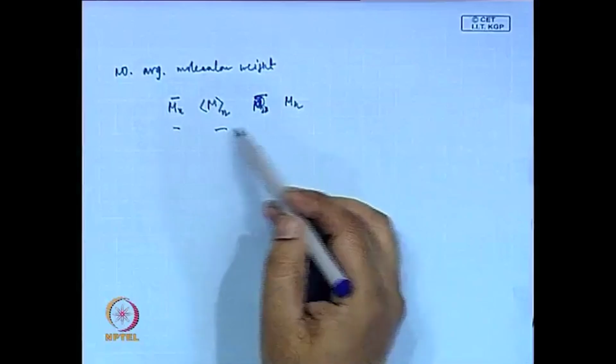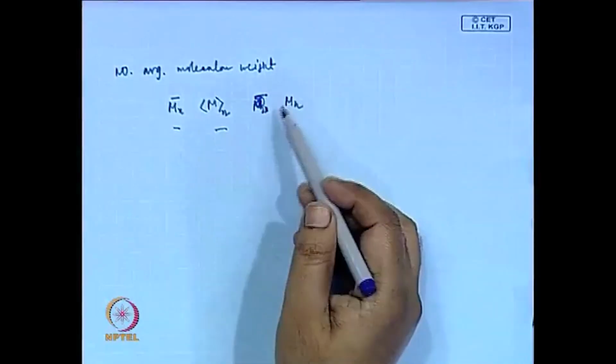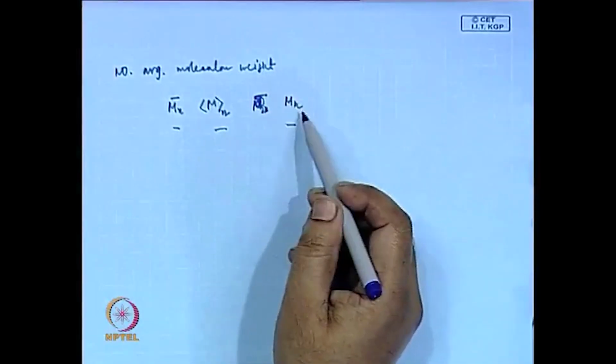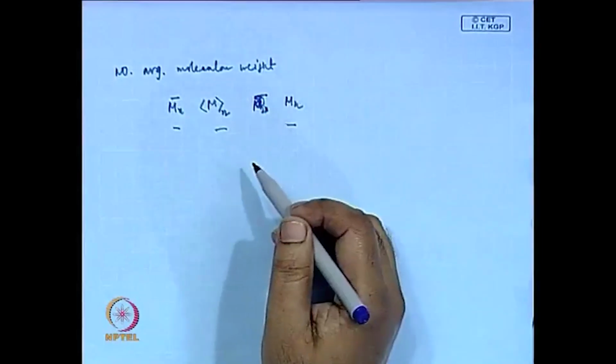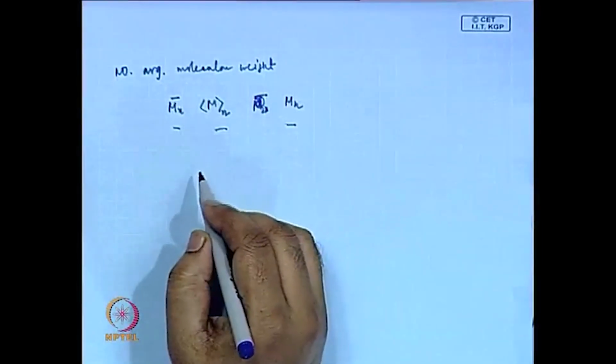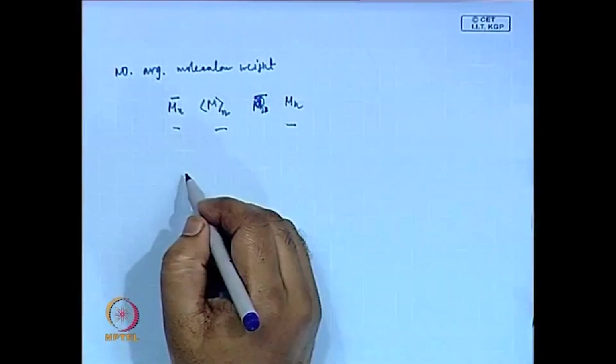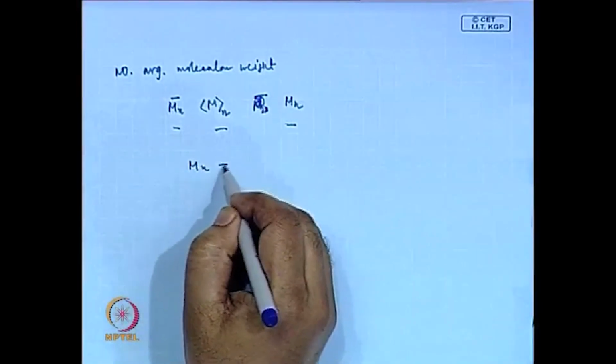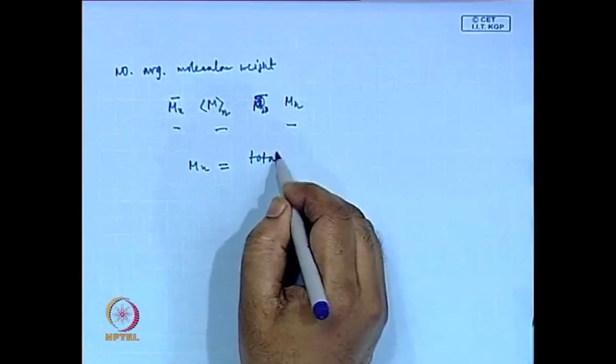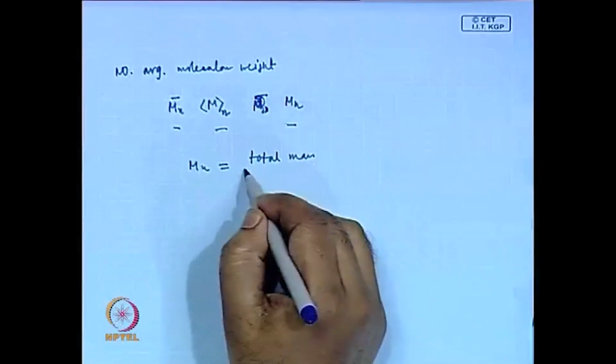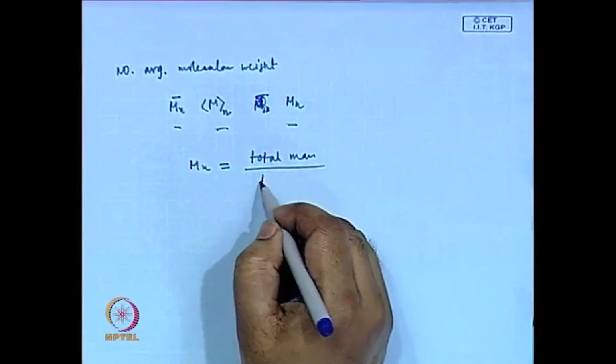In this course we will use Mn most of the time. It is a simple arithmetic mean. So, Mn would be total mass or weight divided by total number of moles.